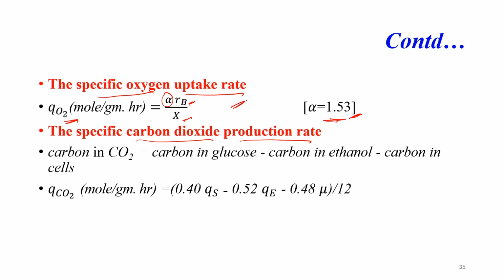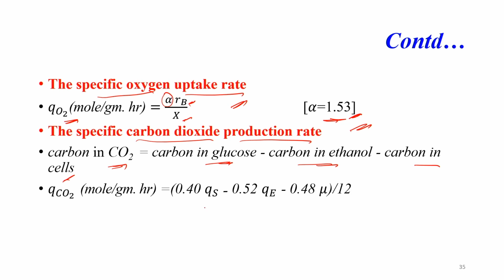So, in this way we can calculate the specific oxygen uptake rate, and the specific carbon dioxide production rate can also be calculated, because here we have to do the carbon balance: carbon in carbon dioxide, carbon in glucose, carbon in ethanol and carbon in cells.